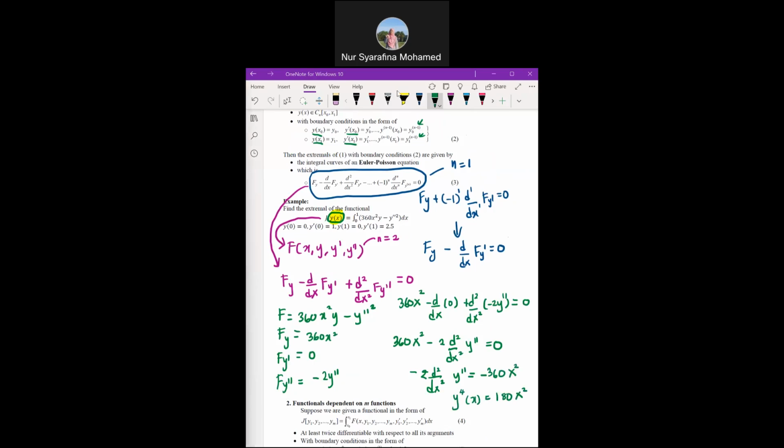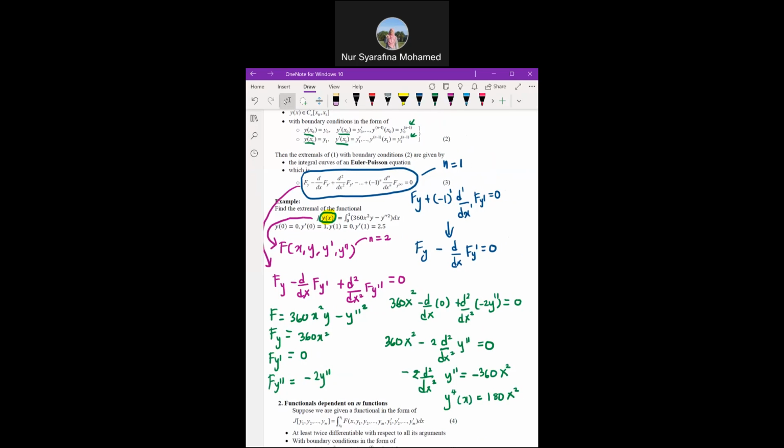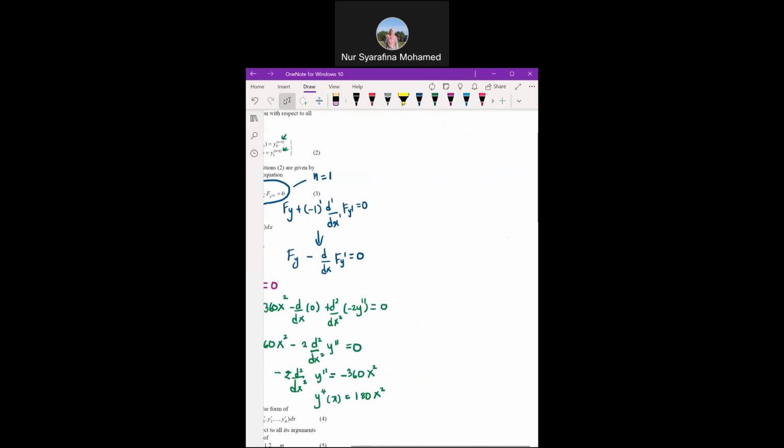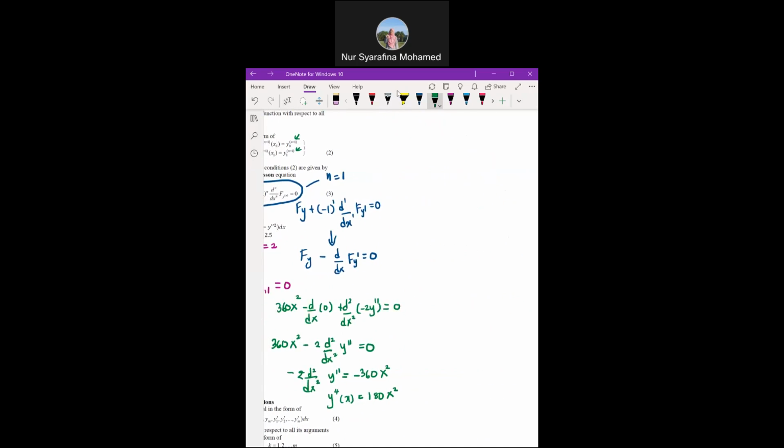So how can you find y? For this case, you can just integrate one by one. y quadruple prime of x equals 180 x squared, so y triple prime should be the integral of 180 x squared with respect to x.